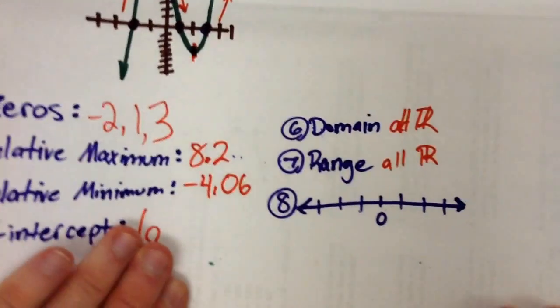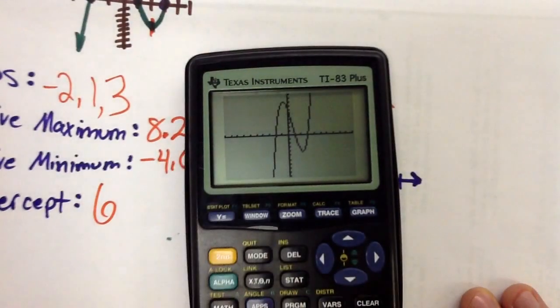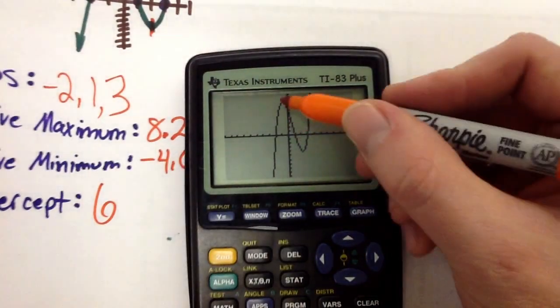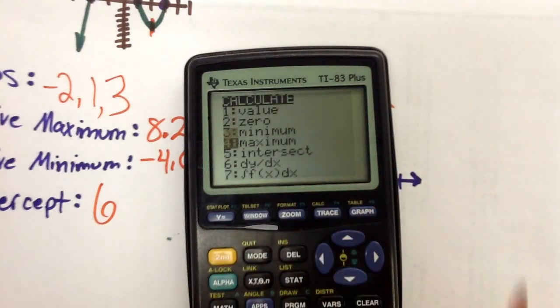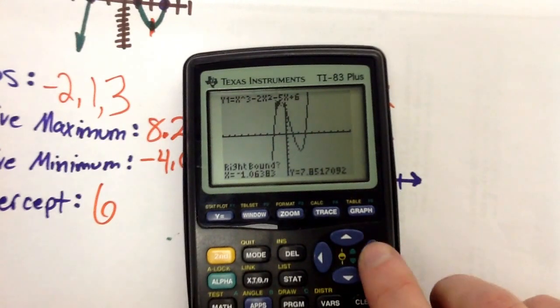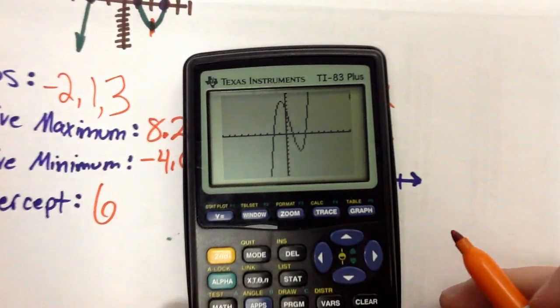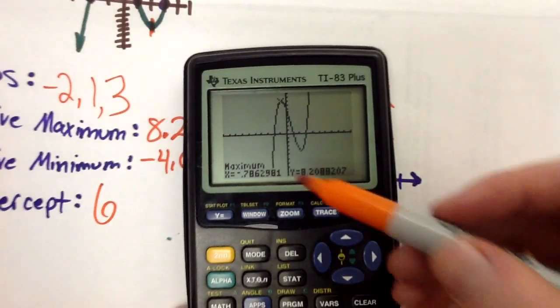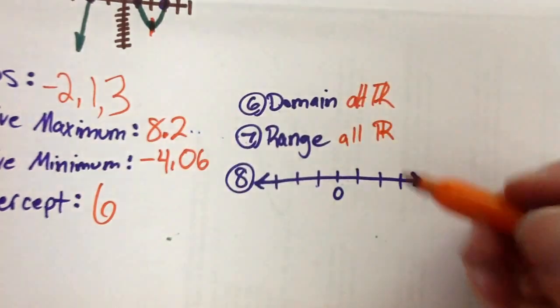So let me translate that into a number line. Okay. Put the graph back up here on the calculator. Let's find the x value for that relative maximum again. So second trace, maximum. All right, so if you're having trouble with this part, watch me do left bound, right bound. Okay, so again, all I care about is the x value, negative 0.77.